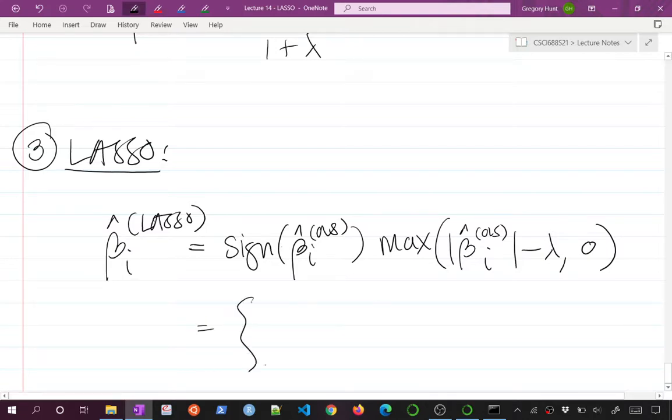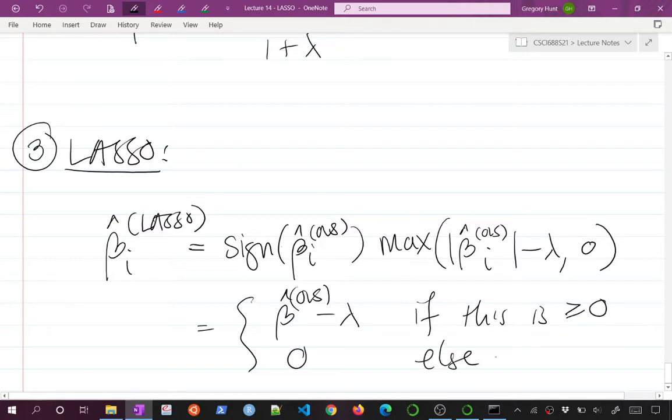So this thing is basically going to take the OLS beta hat and subtract off lambda if this is bigger than or equal to 0. Otherwise, if I subtract this off and it's less than 0, I'm going to 0 it out.